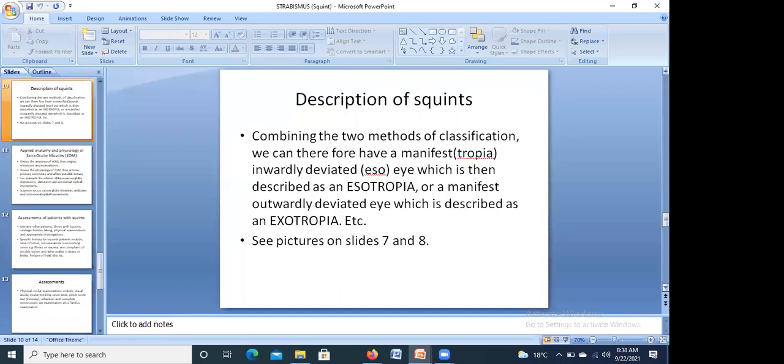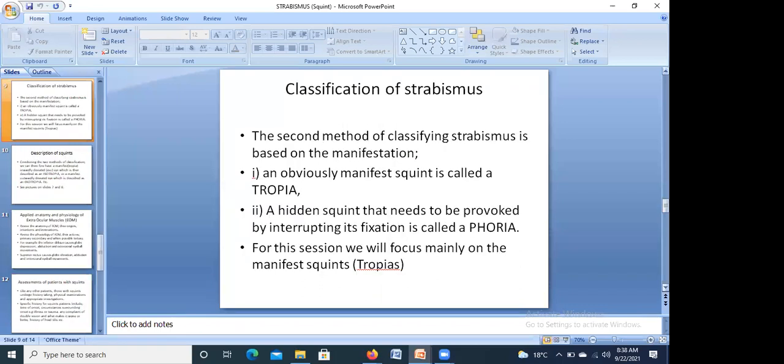The second method of classifying strabismus is based on the manifestation of the deviation. In most cases, that's what we are talking about here, we are talking about an eye which is already obviously deviated. And that is what we call a tropia.